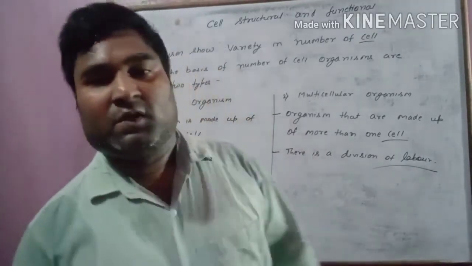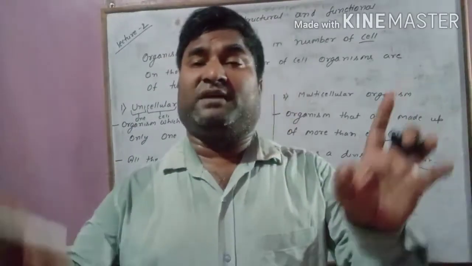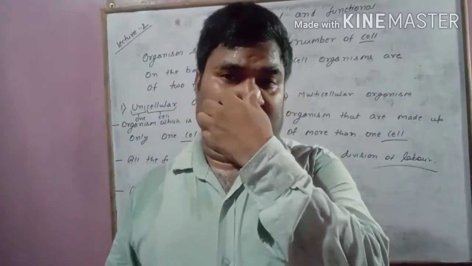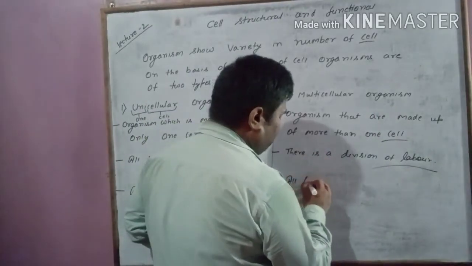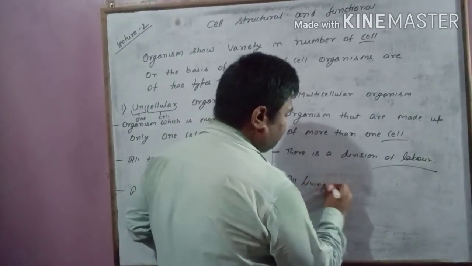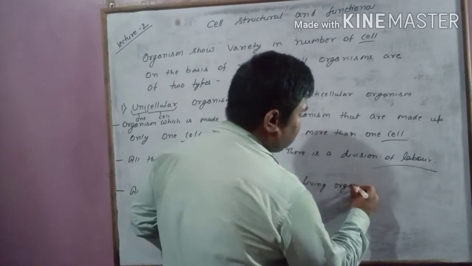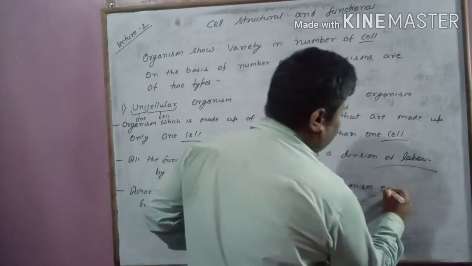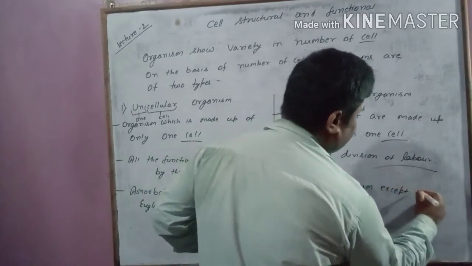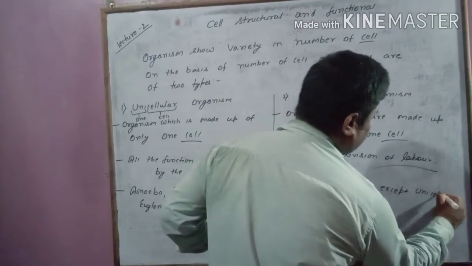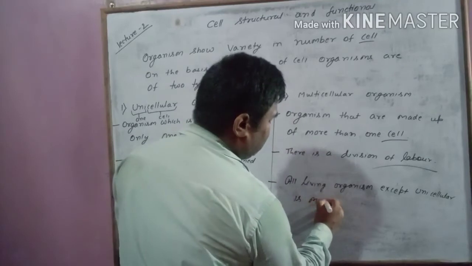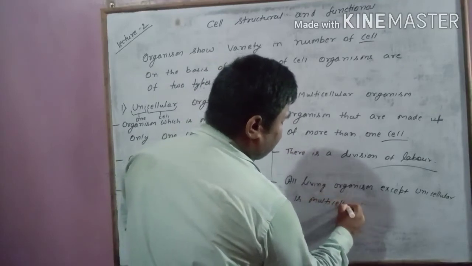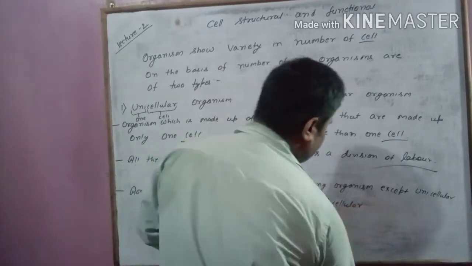Multicellular organism, all living organism except unicellular organism are multicellular organism. So all living organism except unicellular is multicellular.